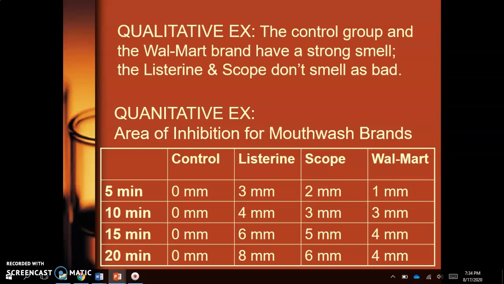The larger the area, so the larger the number in this chart, that means the larger the area where bacteria cannot grow because the mouthwash is doing its job and killing the bacteria. So if we look over time, at our control versus our Listerine versus our Scope versus our Walmart brand, our Listerine ultimately has the largest area of inhibition, meaning that it's killing the most bacteria.